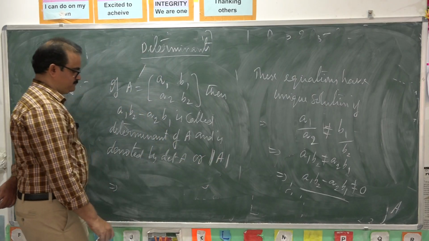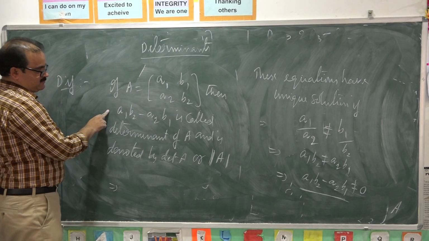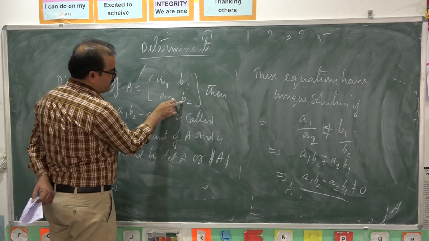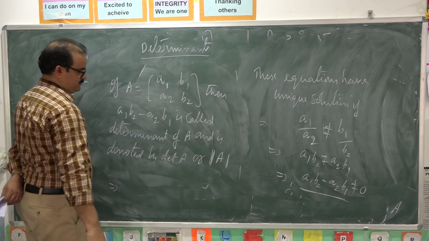Now the determinant of a 2 by 2 matrix is obtained by multiplying a1 with b2 minus a2 with b1.